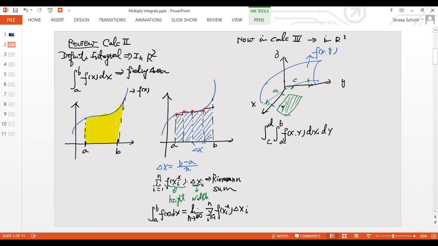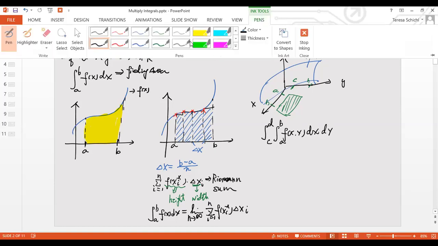That means I'm integrating over this rectangular area. That's the title for this first section.